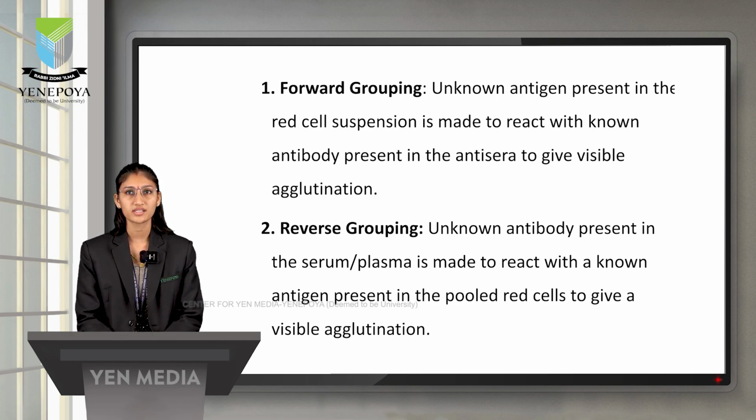The unknown antigens present in the red blood cell suspension are made to react with the known antibodies in the antisera to give a visible agglutination. In reverse grouping, we use the patient's plasma or serum. Here the unknown antibodies present in the serum or plasma are made to react with antigen present in the pooled cells, which gives a visible agglutination.